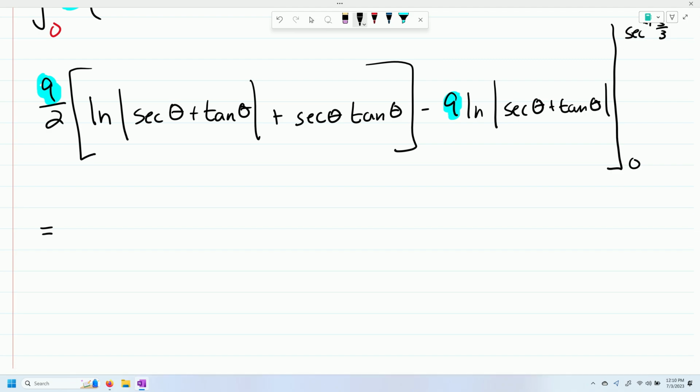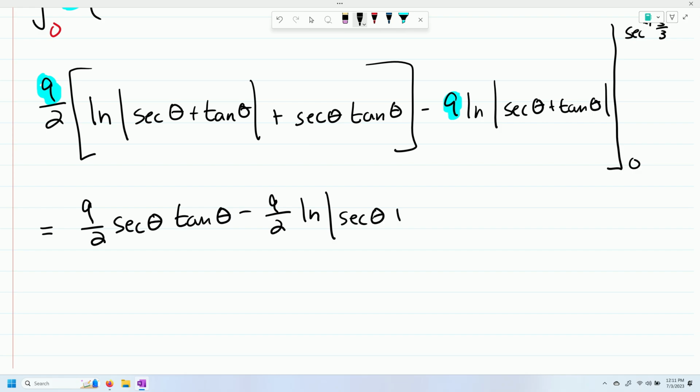After you simplify, you should get 9 over 2 secant theta tangent theta minus 9 over 2 times the natural log of secant theta plus tangent theta, evaluated between 0 and the inverse secant of 5 over 3.